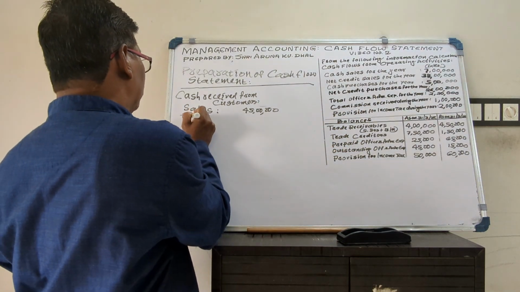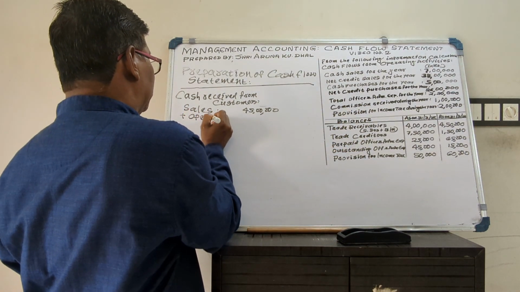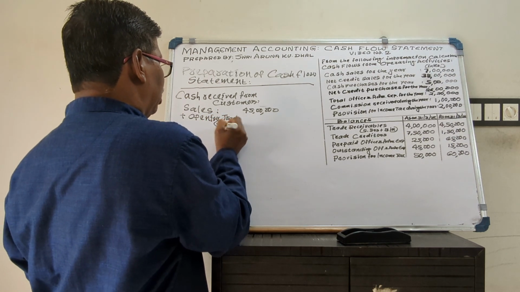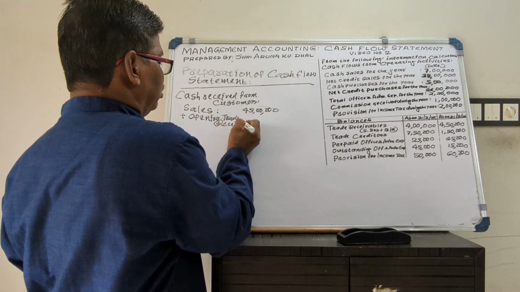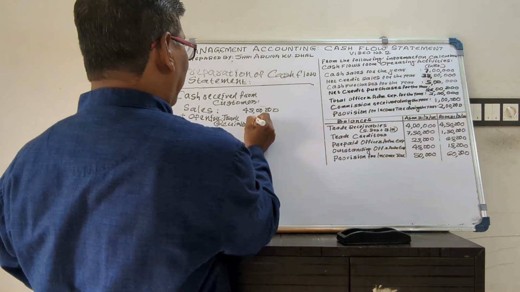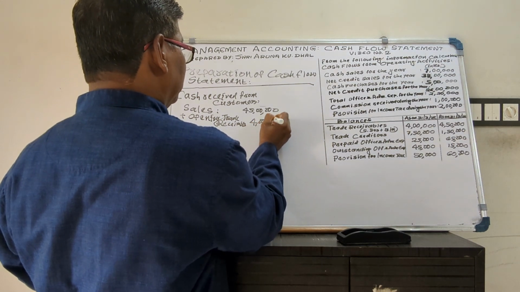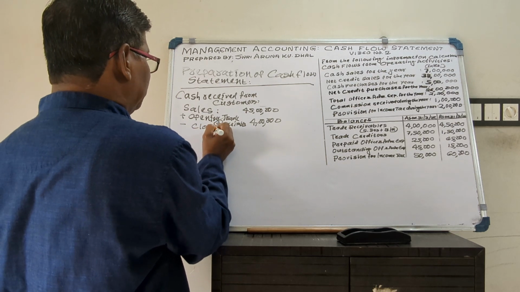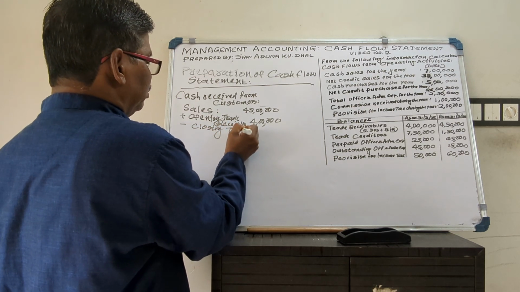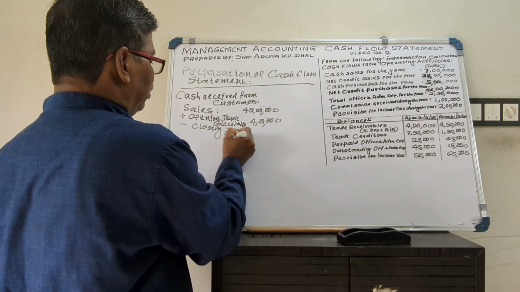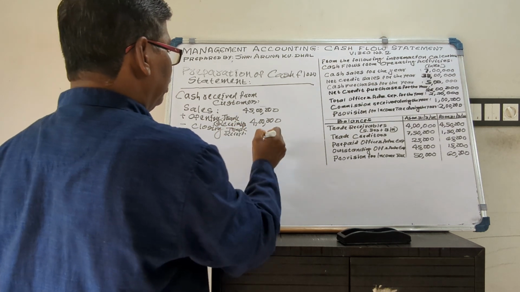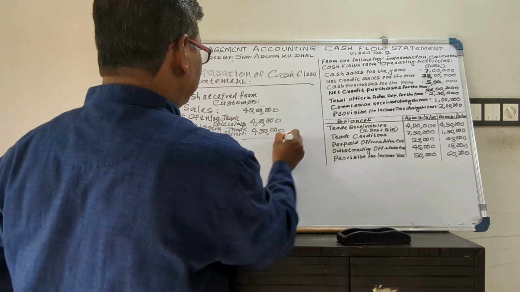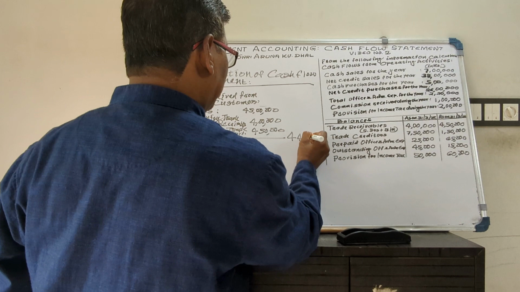So plus opening trade receivables, 4 lakh, minus closing trade receivables, which is 4,50,000. So net is 44,50,000.